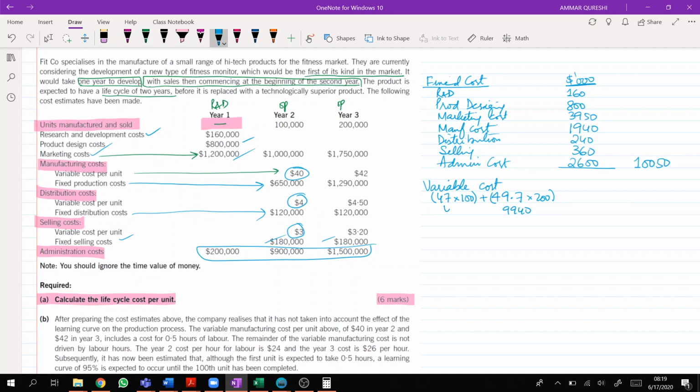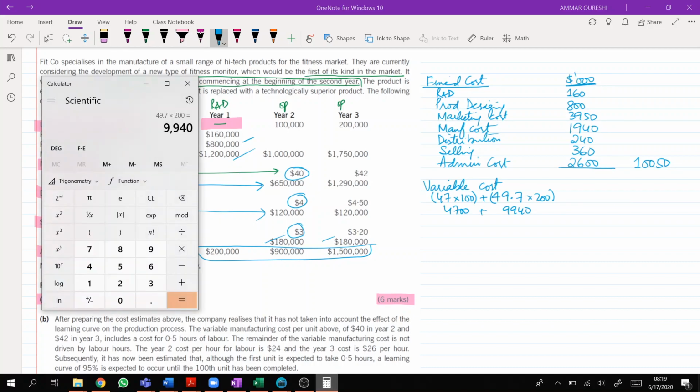And this figure is 4700. So 9940 plus 4700 is 14640.